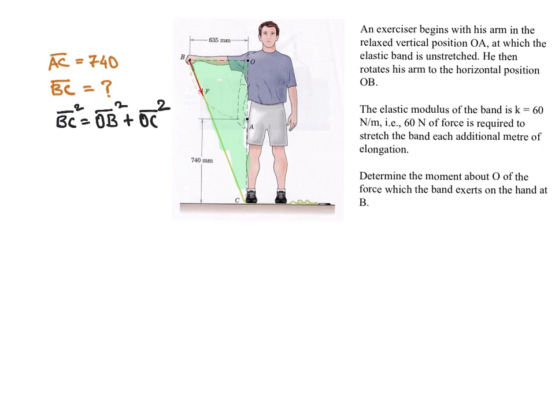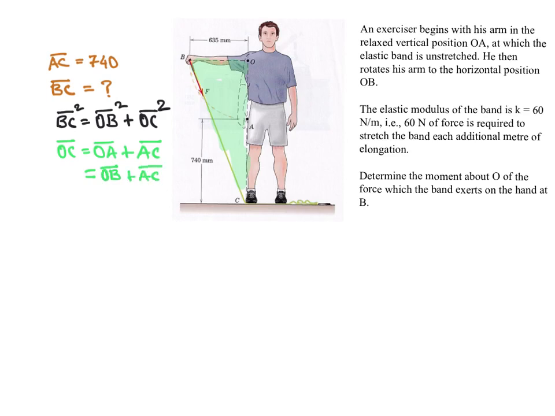Now what is the value of OC? The value of OC would be OA plus AC, and OA is the same as OB because it's the length of the hand.